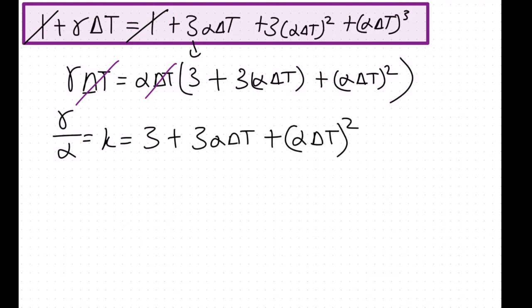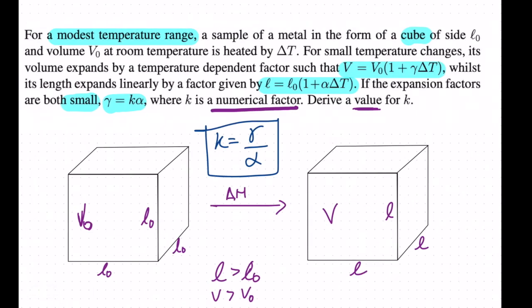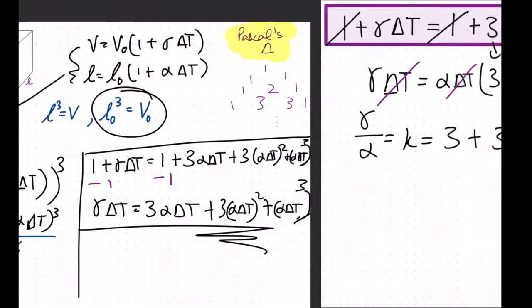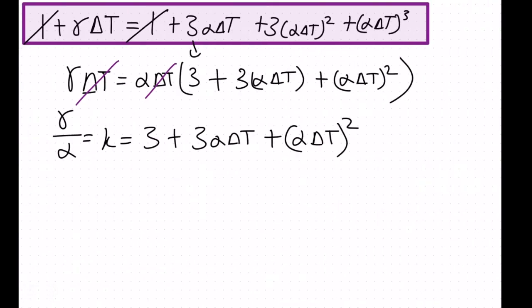It's equal to 3, plus correction terms. Now the important thing we need to realize here is the simple fact that all these constants alongside delta t are very, very small. We're going to use that fact, and apparently this is a very commonly used trick in physics. We know alpha, gamma, and delta t are all extremely less than 1.